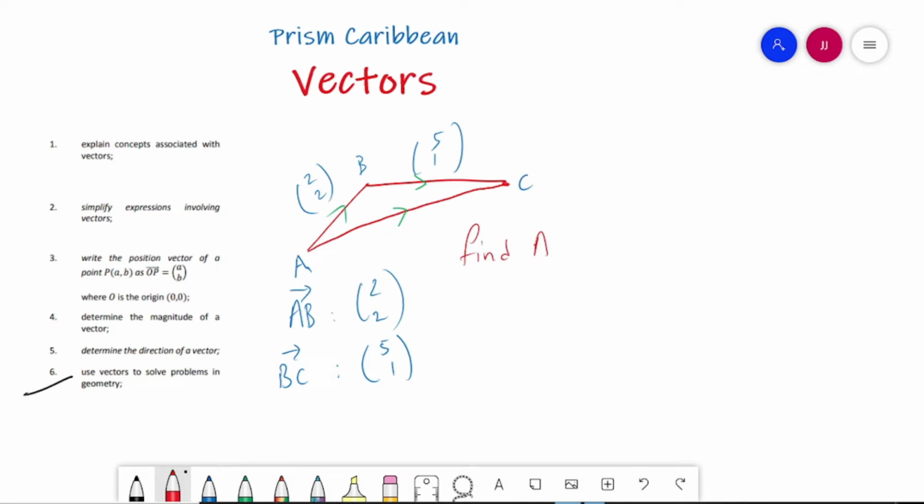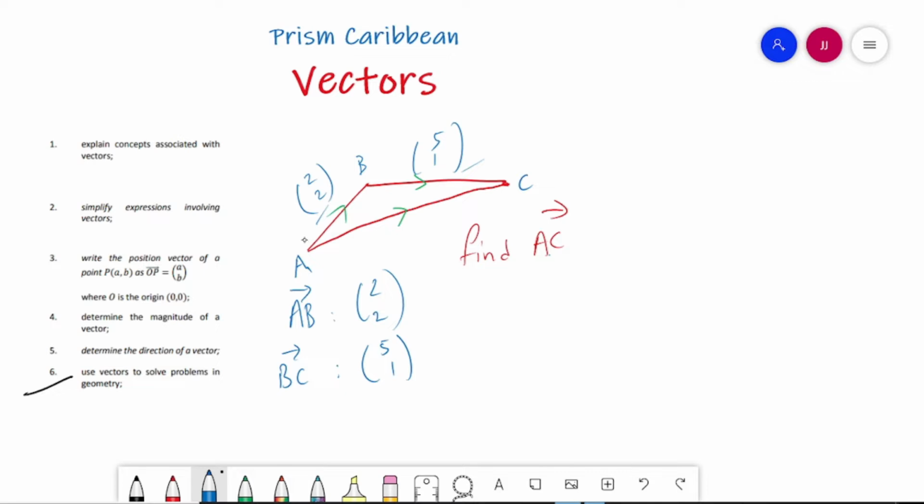Find AC, right? So a question like this is just simple. Let's go from A to C. Well, we know A to B has a vector, and we know B to C has another vector, right? So let's use this path and trace it out.